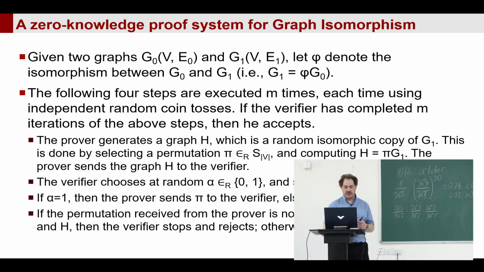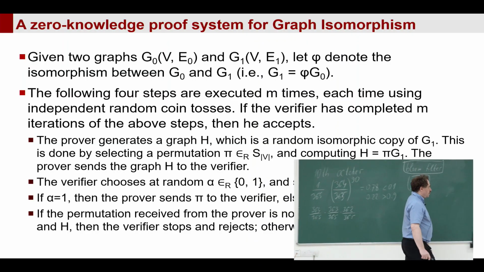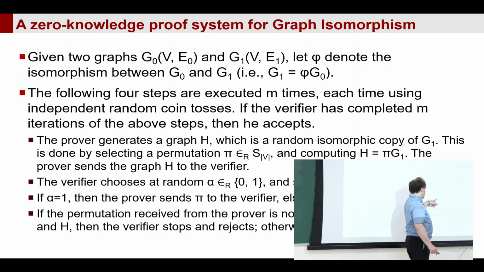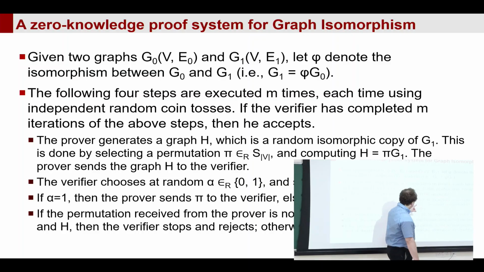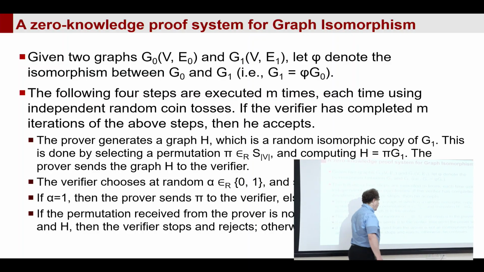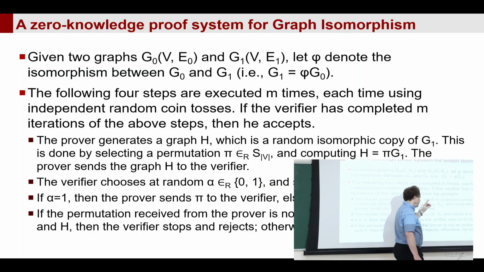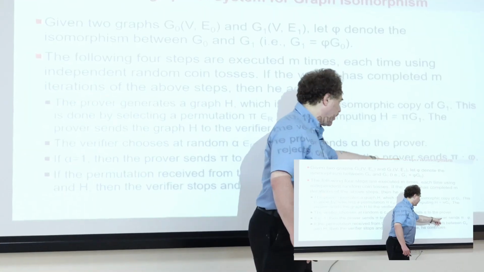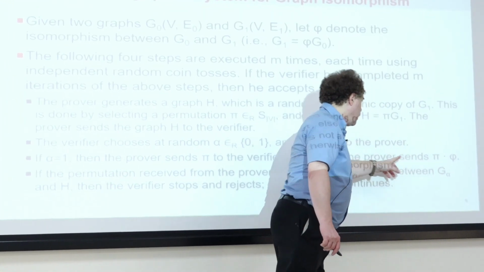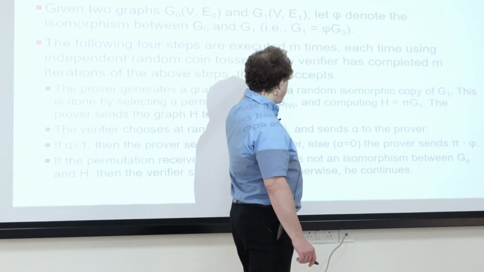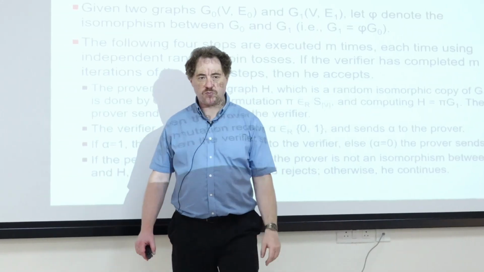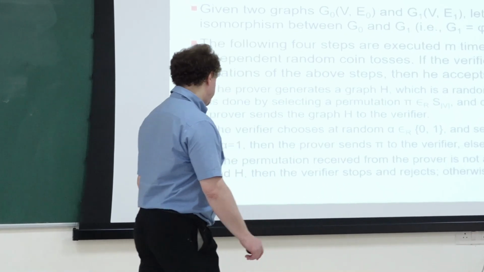Not the original permutation, not phi. Phi is the secret. It sends pi. If the coefficient, however, is 0, then the prover calculates pi times phi and sends that to the verifier.